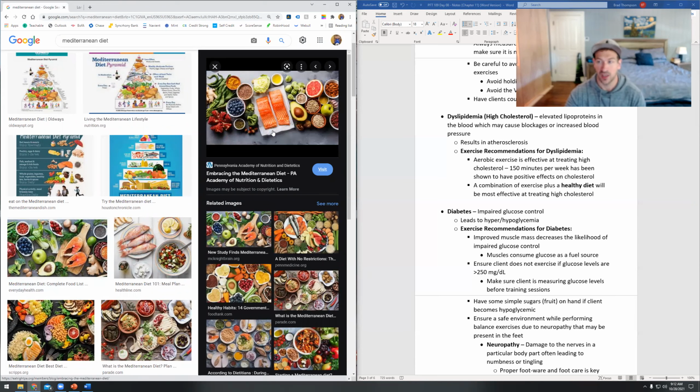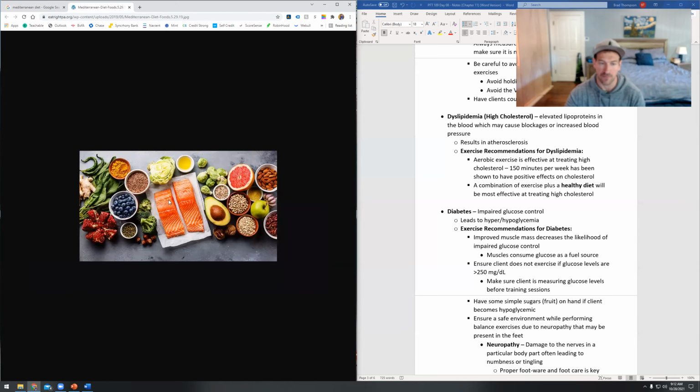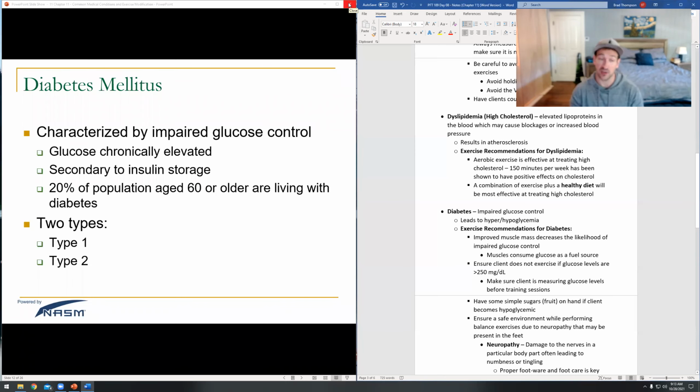Here's a different version of this same thing, right? Fish, whole grains, nuts, and then lots and lots of green veggies. That type of diet has been associated with a reduced risk of heart disease because it creates so much of the good HDL, high density, clean out your blood vessels, cholesterol.